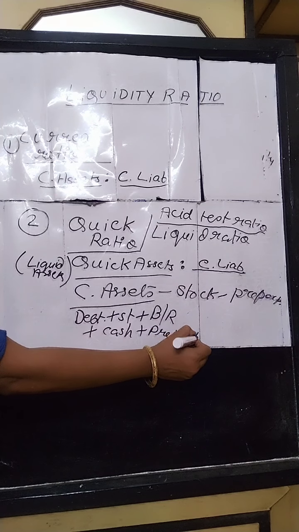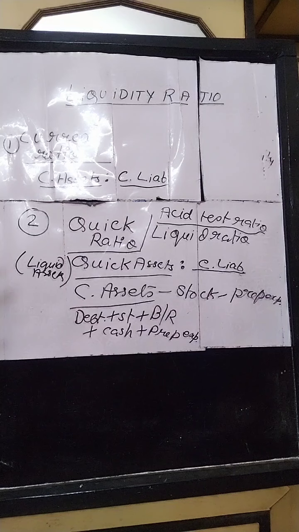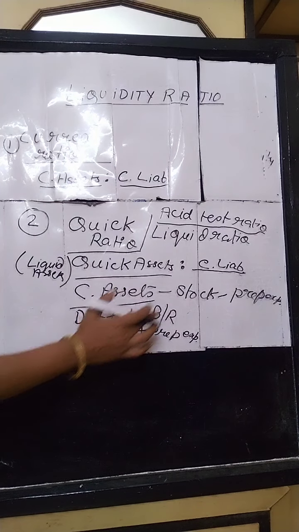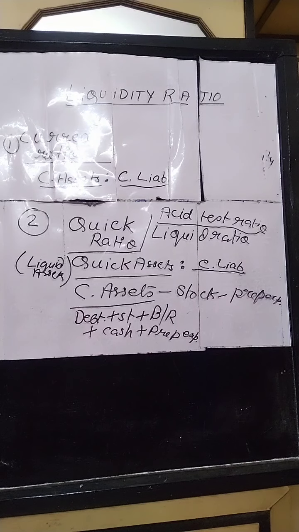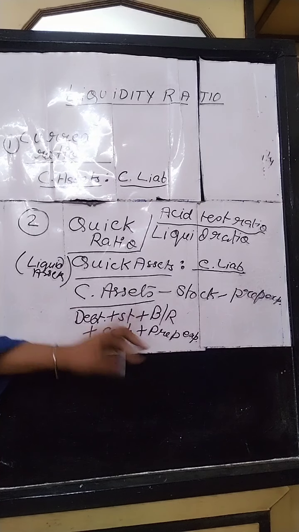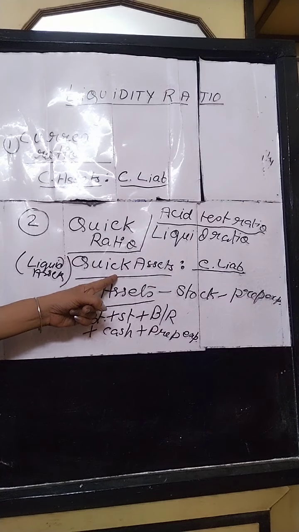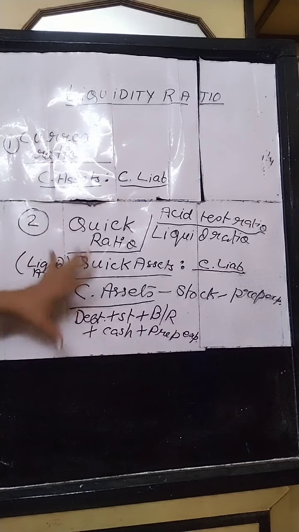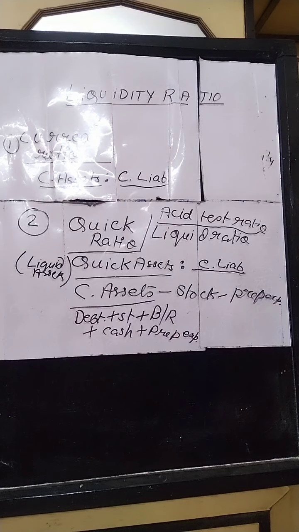These all comprise the current assets. After adding all these, you have to deduct stock and prepaid expenses from the whole of current assets to get the quick assets or liquid assets. So these are the two important liquidity ratios. Later on, I will show you the sums of these liquidity ratios.